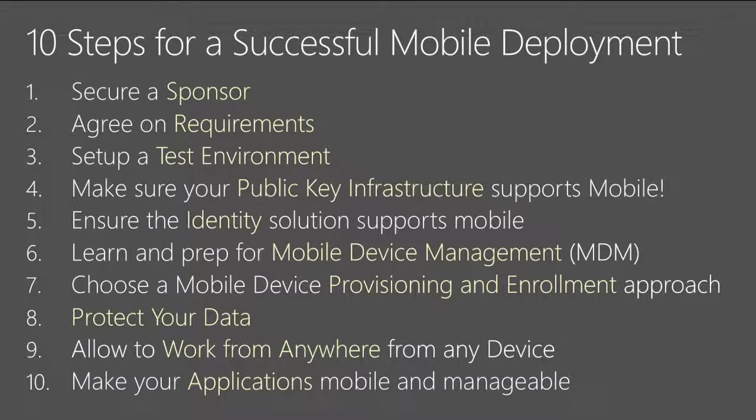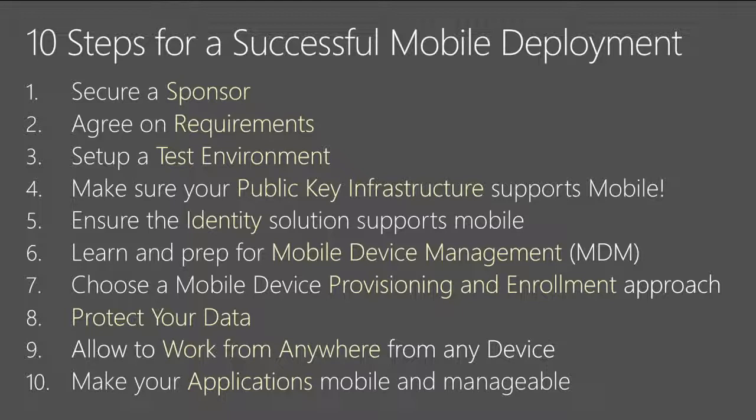So 10 steps. We came up with 10 before I knew what the 10 steps were. Like I said, there will probably be more, or you could split some of them, but just at a high level. Number one is really important: secure a sponsor. The first two are not really technical, so I'll quickly go through them.